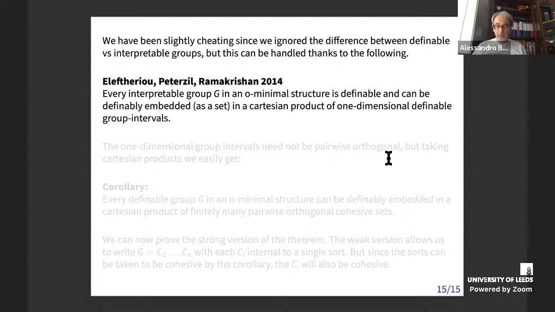Okay, now I'm aiming towards the strong version of the theorem. I have a group living inside several sorts or minimal sorts. I want to produce finitely many cohesive sets such that the group is a product of the cohesive subsets. So far, I only obtained subsets which are internal to a single sort, but not necessarily cohesive.